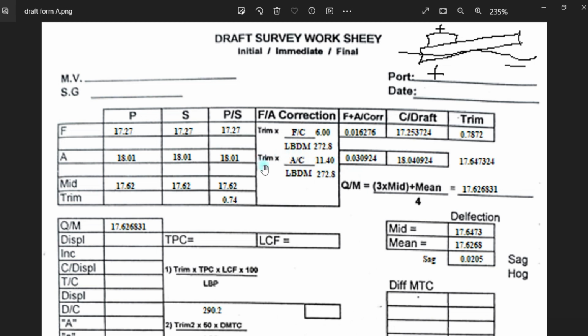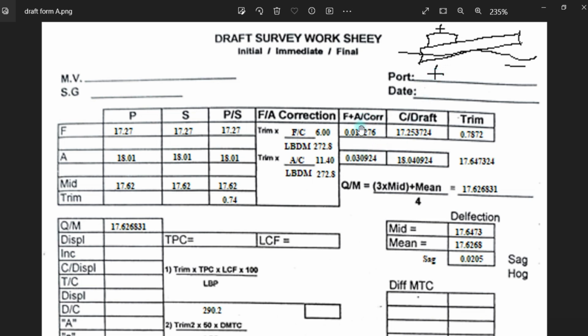So with this equation, this will be the answer of your aft correction, 0.030924. Because you are trimmed by the stern, that will be positive.